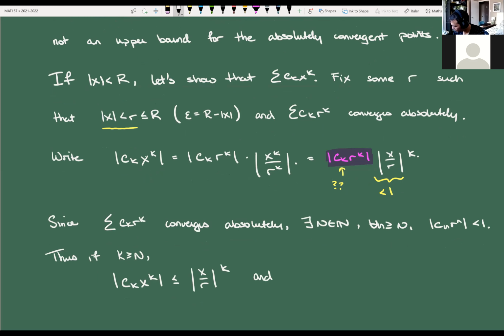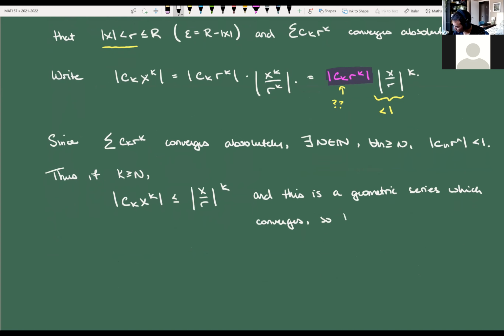And this is a geometric series which converges. So by the BCT, c_k x^k also converges absolutely. So, right, and that's what we wanted to show.